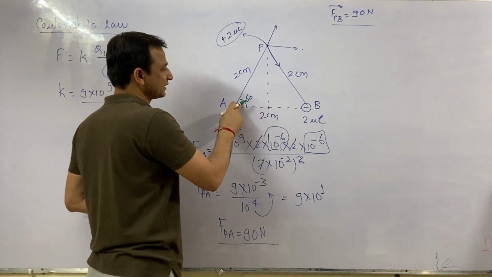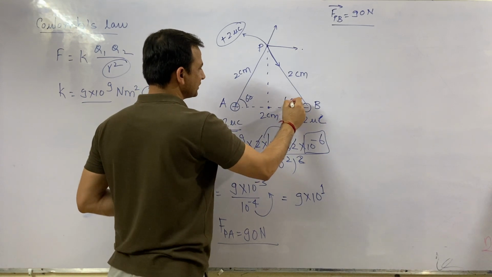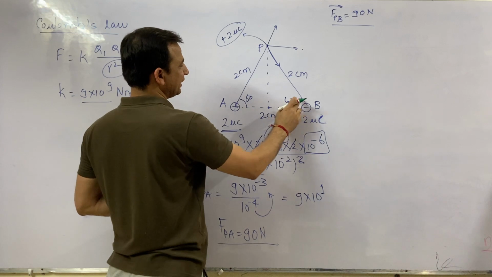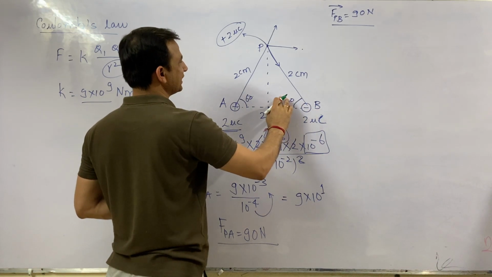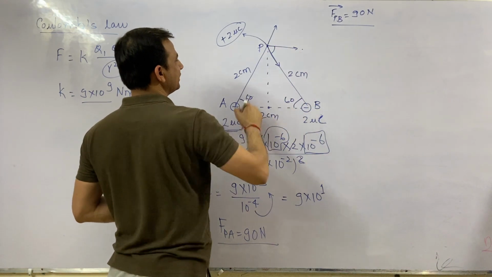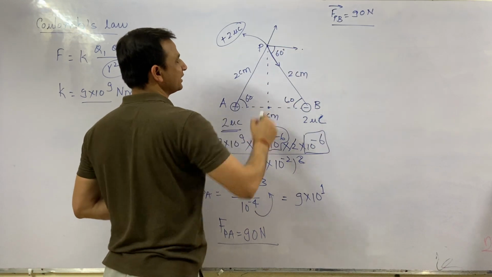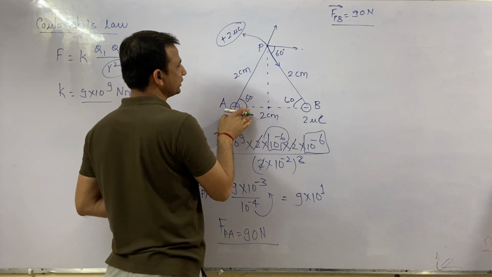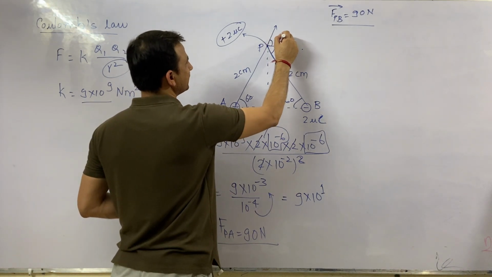So what we can do here, this is 60 degree, this is 60 degree from the horizontal, and this is also going to be 60 degree because of vertically opposite angles.